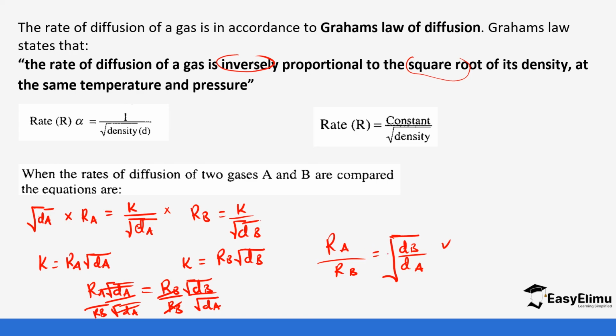Notice that the rate of the first gas is placed first, then the rate of gas B is placed afterwards. So this is the formula for density in relation to Graham's law of diffusion.